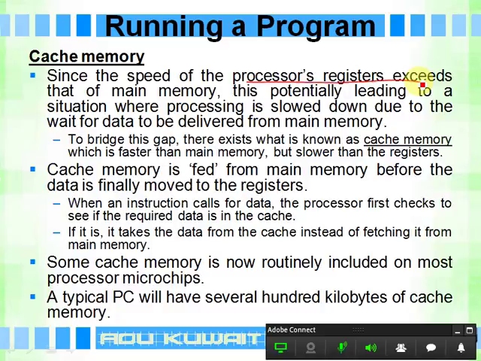To bridge this gap, we introduce a new memory called cache memory, which is faster than the main memory but slower than the registers. Cache memory is fed from the main memory, before the data is finally moved to the registers. So it takes the data from the main memory and gives it to the registers. And cache memory is faster than the main memory.